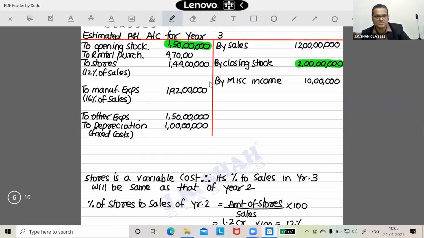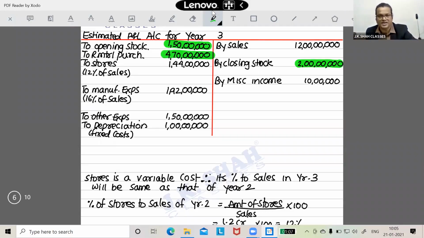Sir, what have you done? You've increased our working. Sir, you're still doing like this. It says, sir, 1.5 of opening stock plus 4.7 of purchases minus 2 of closing stock. Sir, we are getting 4.2 CR raw material consumed. Sir, instead of writing all these three figures, can we directly write that figure? I am absolutely in no denial.